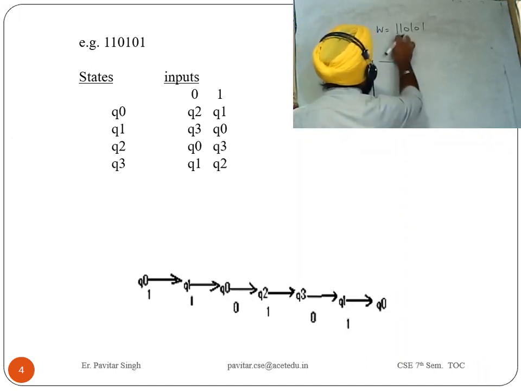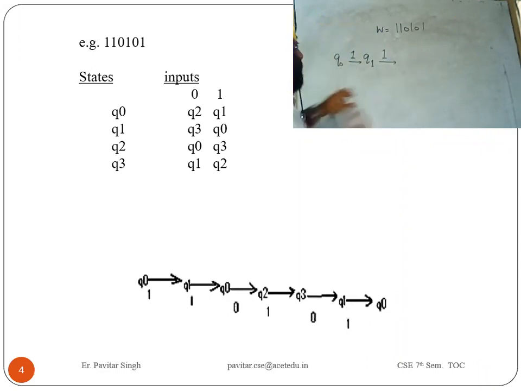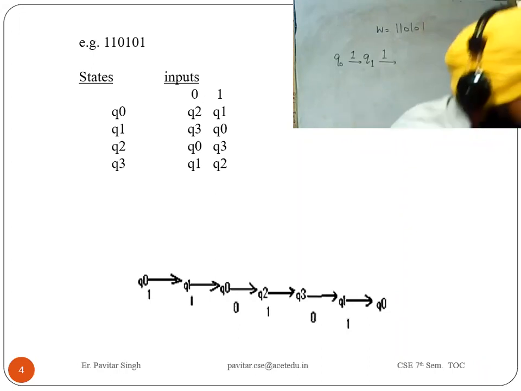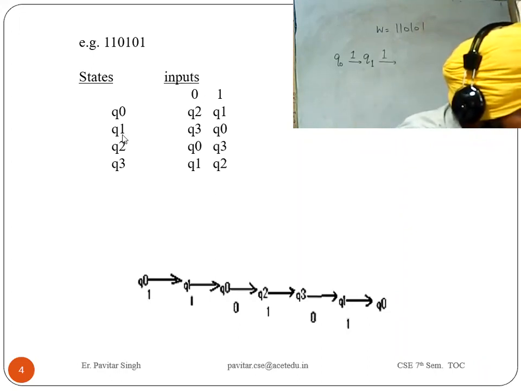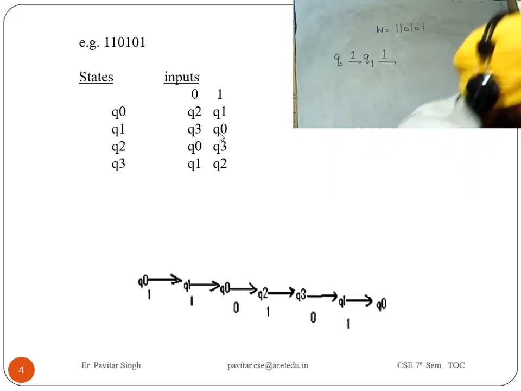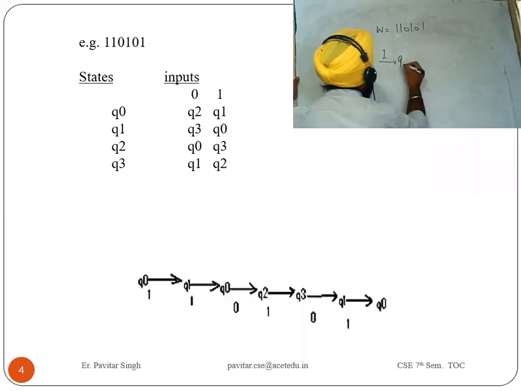Next input is again 1. Q1 upon the processing of this 1 is going to Q naught. So here you will write Q naught.